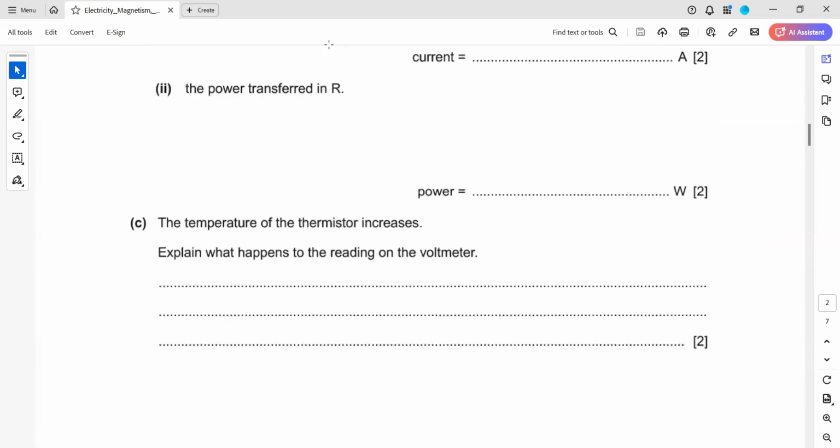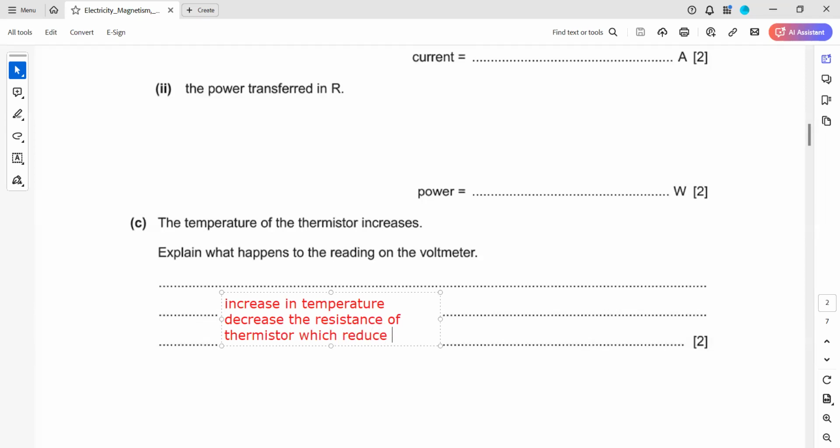So the points which we have to mention are: increase in temperature decreases the resistance of the thermistor, which reduces the voltage across the thermistor and increases the voltage across the fixed resistor.